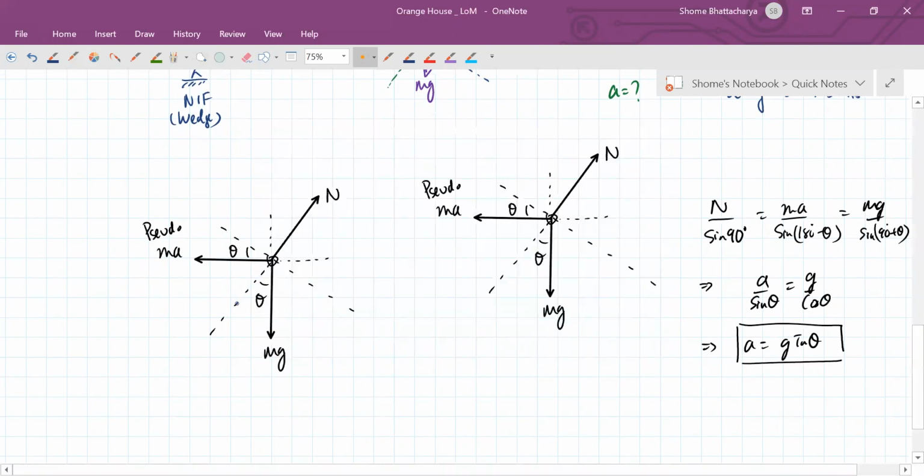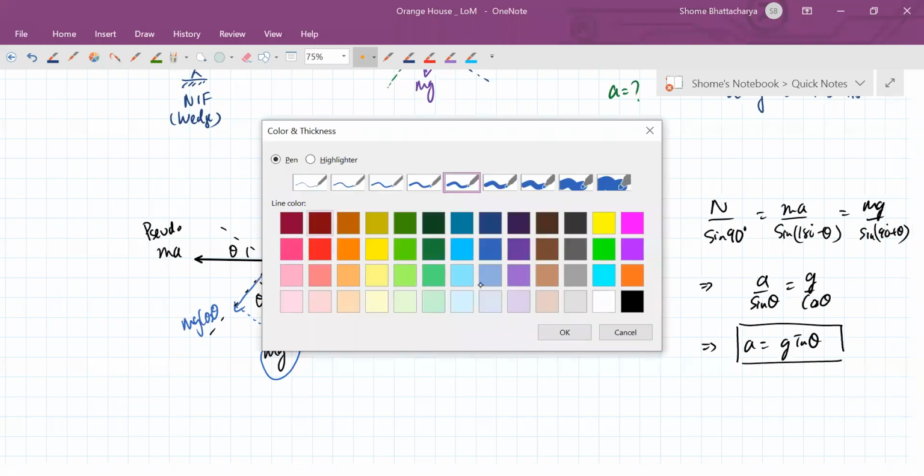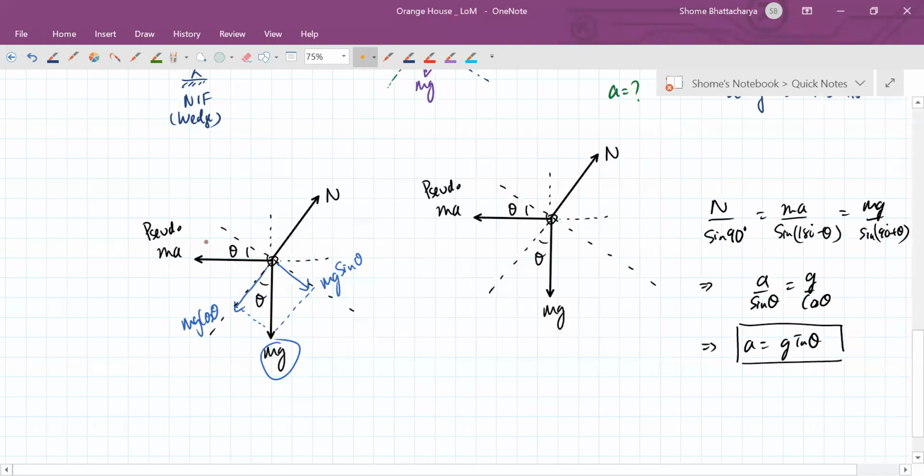So if you go with the method of resolution, mg's components will become mg sine theta down the inclined plane and mg cos theta like this, whereas the pseudo force's components become like this.